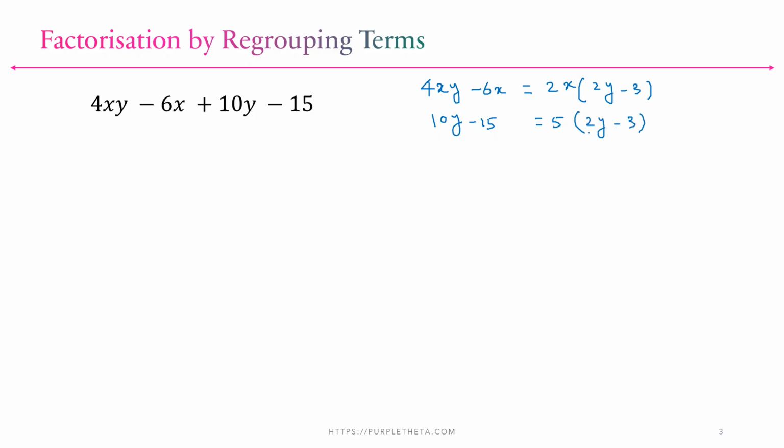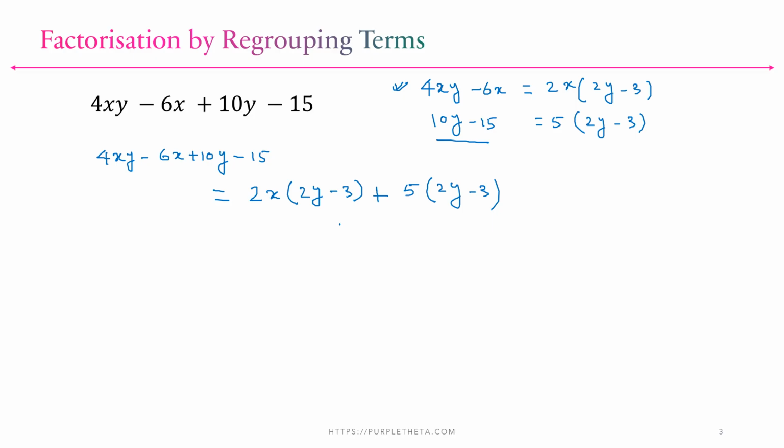So for the fourth step I will put all these terms together, and this is equal to, from the first group, 2x in the bracket 2y minus 3, plus from the second group, 5 in the bracket 2y minus 3.